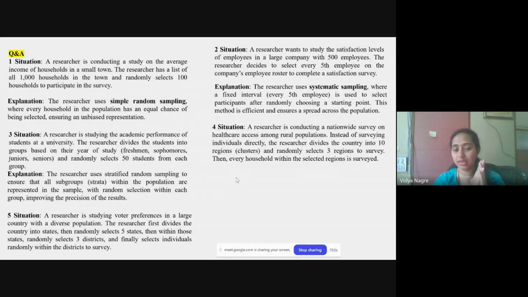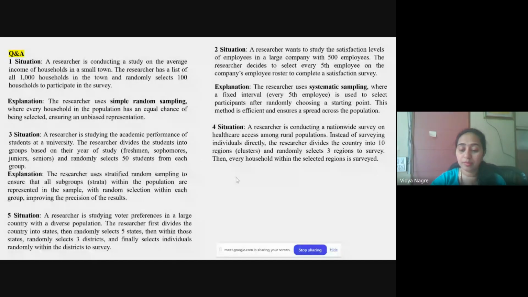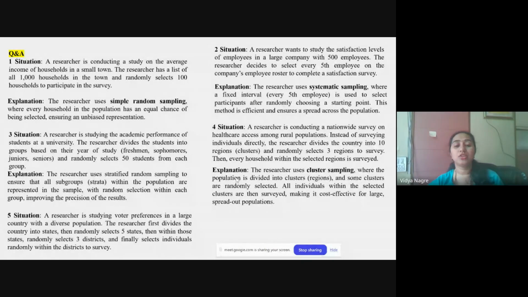So let's say there are whatever states here in India, and 10 clusters are made, like southern east, southern west, middle east, and so on. Pardon? Okay, correct. So we have cluster sampling here.